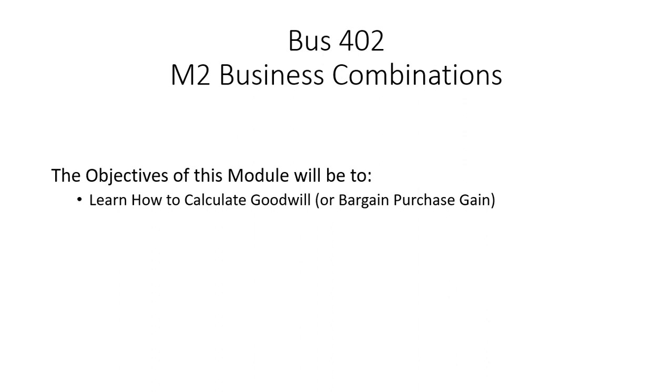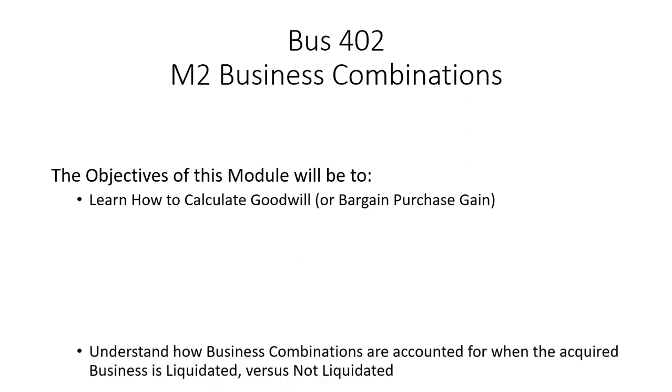Now what this really is: when you buy another company, you either pay more than the fair market value of its shares, which is goodwill, because you think it has some competitive benefit, or you pay less for it than the company's fair market value, and that's called a bargain purchase gain. So if you pay more, it's goodwill. If you pay less, it's a bargain purchase gain.